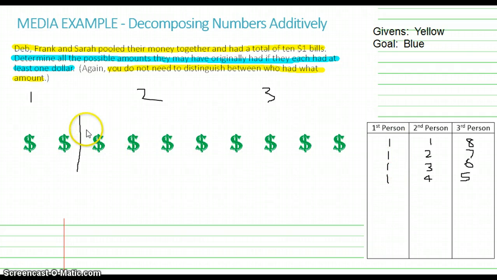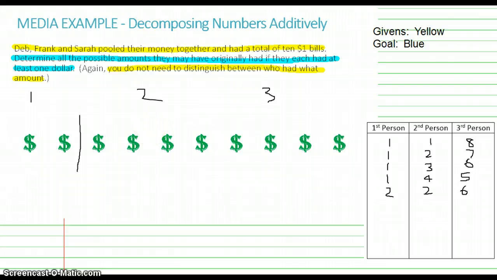Then we'd be repeating 1, and we don't want to write any combination multiple times. So we're going to have 2 and 2 as our starting point, and this gives us 2, 2, 1, 2, 3, 4, 5, 6. 2, 2, and 6. Now we're fixing the first person at 2.